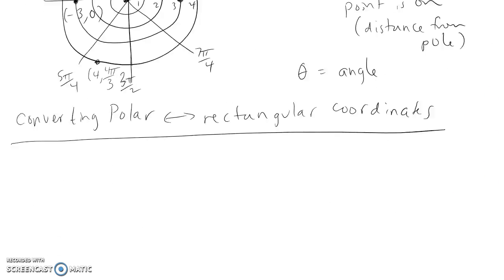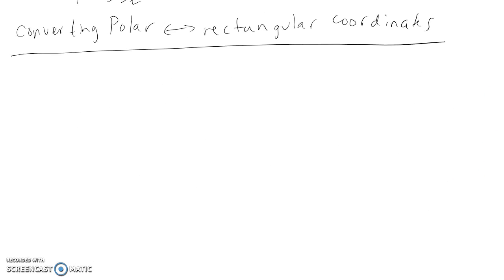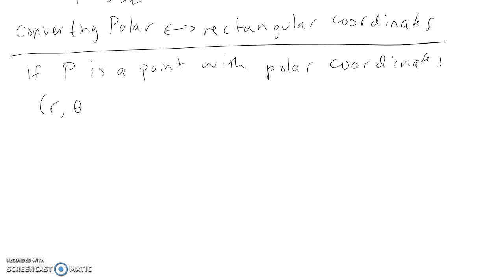There are a number of things that can help us with this, but the main thing that helps us is this idea that if we have a point P with polar coordinates r, theta, then we can transform the r and the theta into rectangular coordinates, which are the ones we're used to, the x, y's.